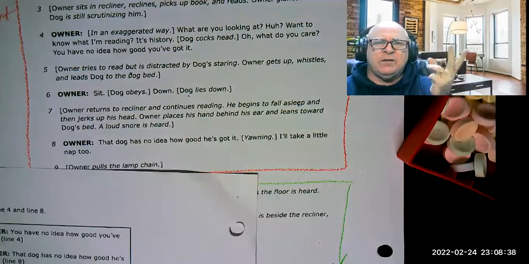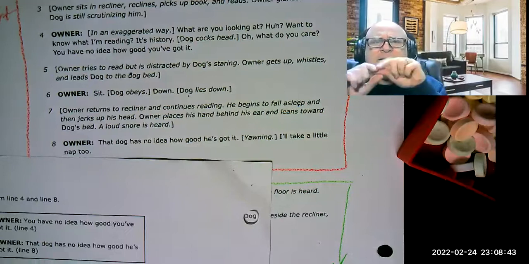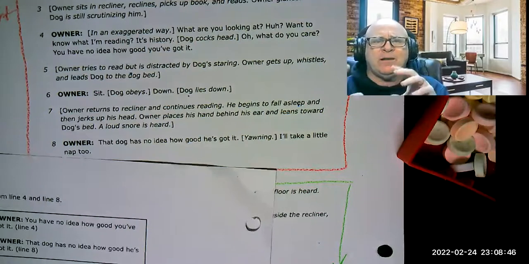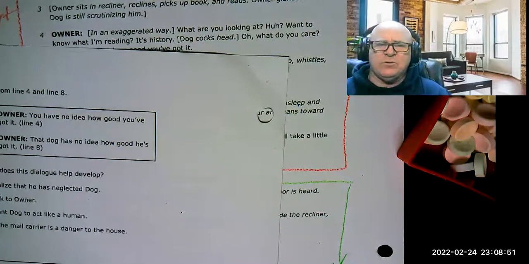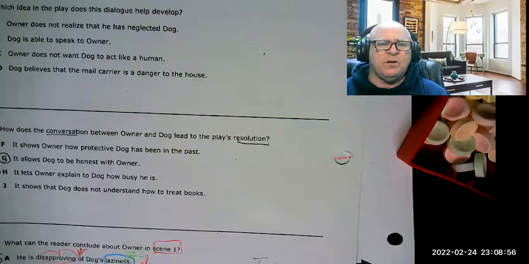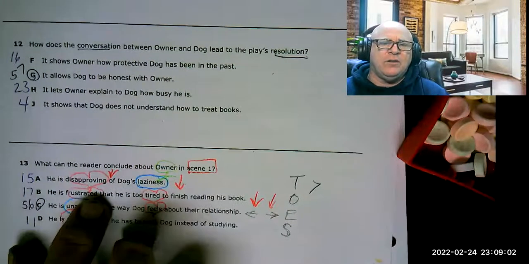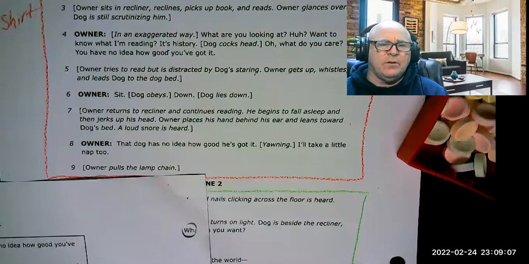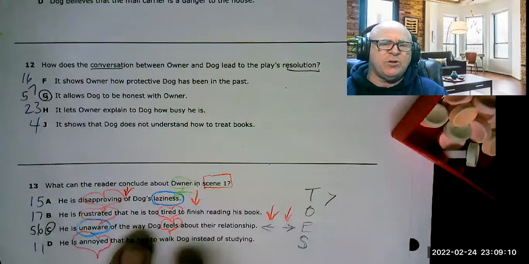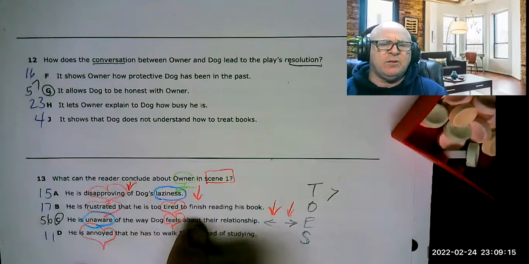If those were my toes, my last little toe or my last little lace on the shoes that I wear over my toes would be me feeling like my dog doesn't know how good he's got it. All right, so that could be the answer. So he is unaware of how the dog feels about their relationship. Okay, means he doesn't know how the dog feels about their relationship.